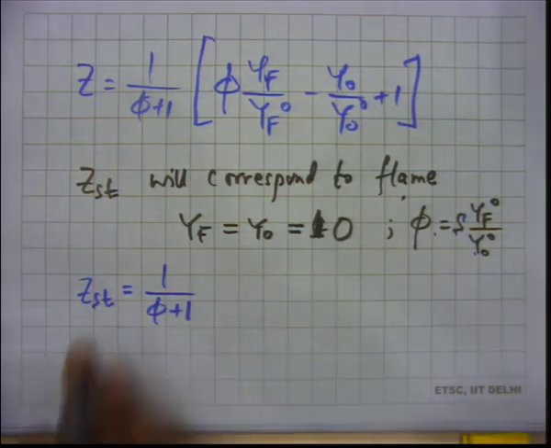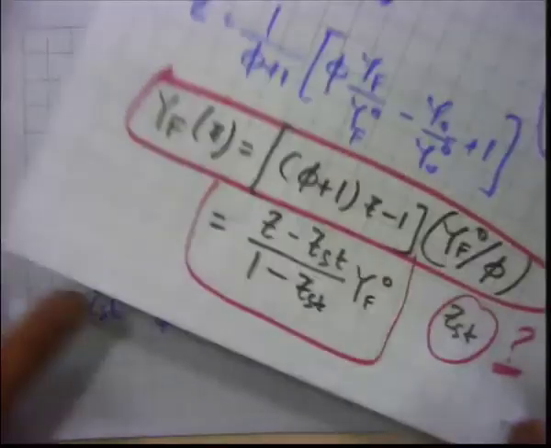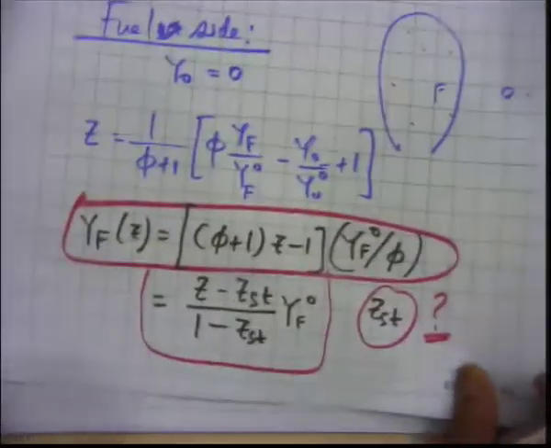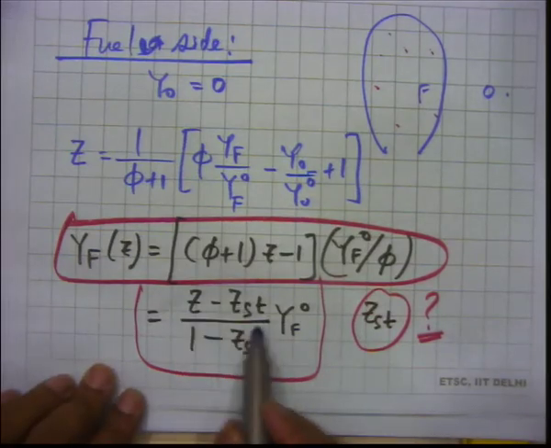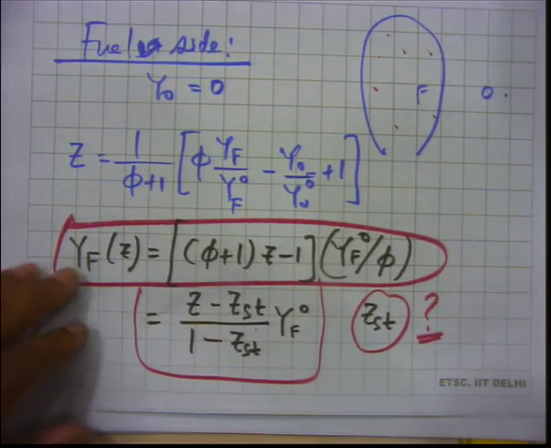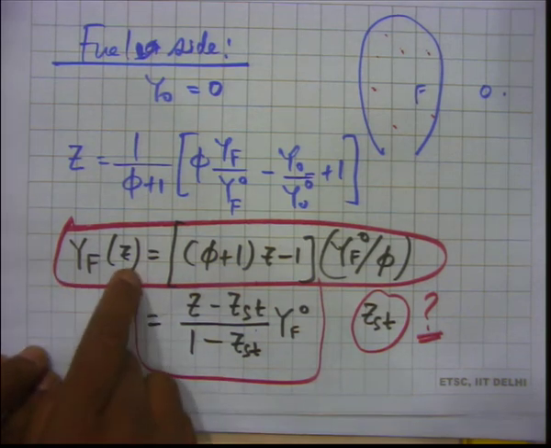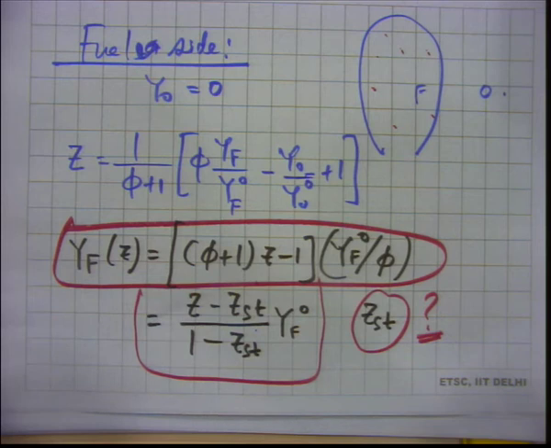So, Z stoichiometric is something which is useful because we are writing YF in terms of Z stoichiometric. Okay. So, inside the flame we have YF as a function of Z. Let us appreciate the fact that this is actually important, because again summarizing, what did I say?